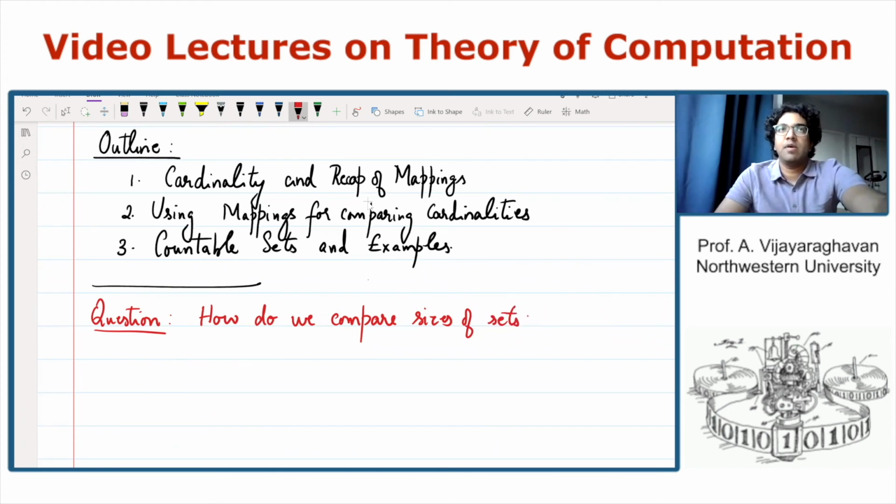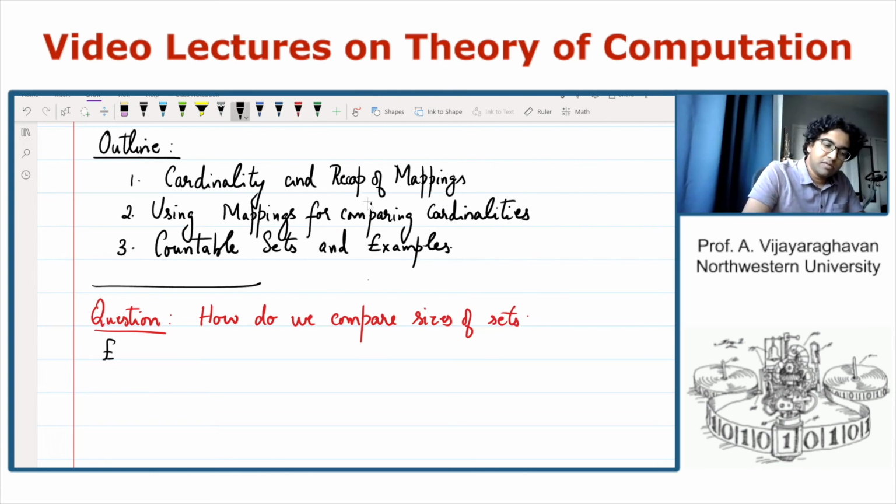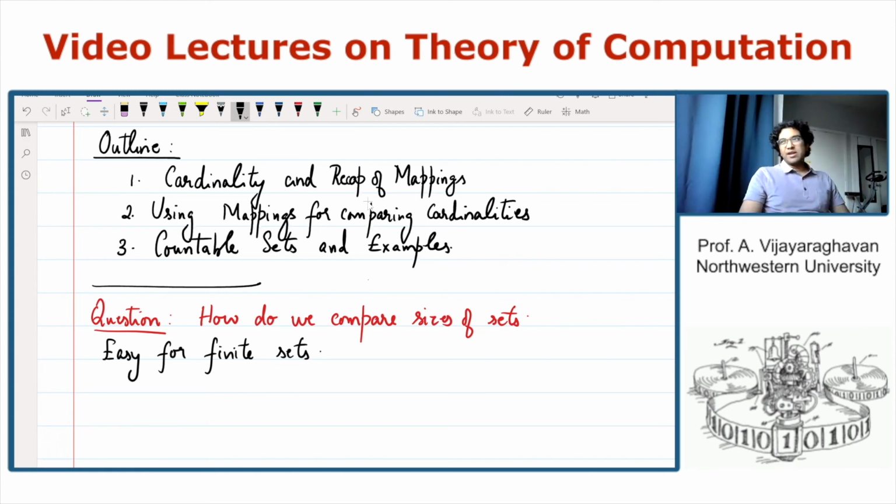If you recall, this was easy for finite sets, because given a finite set, it has a bunch of elements, and you can just count the number of elements. So given any two finite sets, you can just count the number of elements, and then you're just comparing numbers. But the main question is, how do you do this when you have infinite sets?